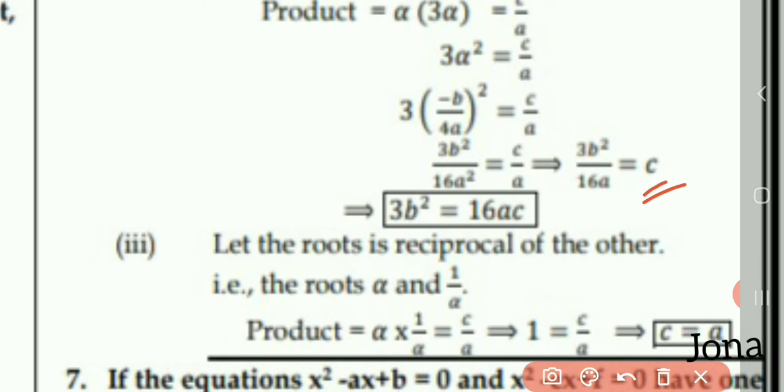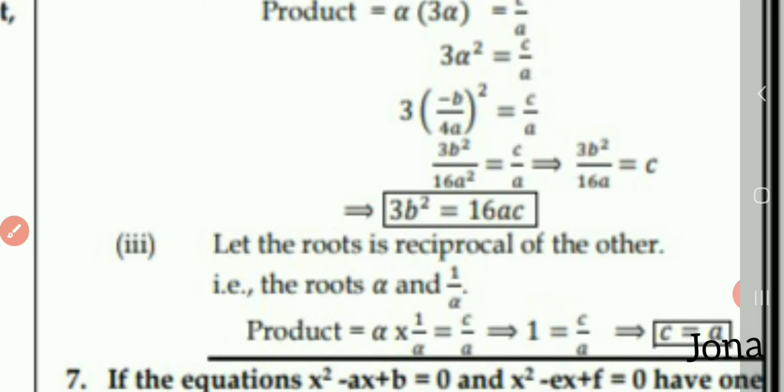So keep c as it is here. Take this a to the cross multiplication there. So we will get 3b square a by 16a square. We can cancel one a. So that we will get 3b square by 16a equal to c. And then cross multiply this, we got 3b square equal to 16ac.